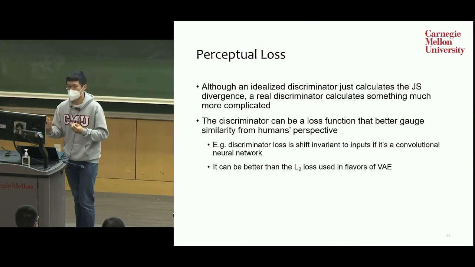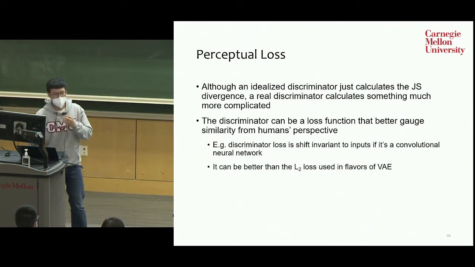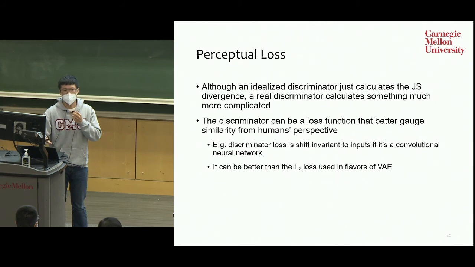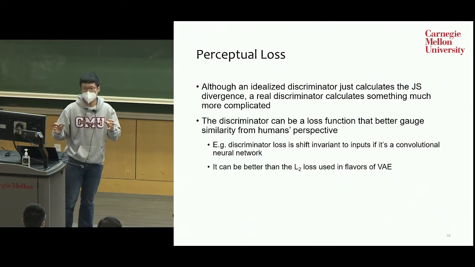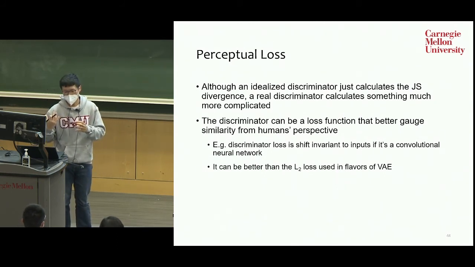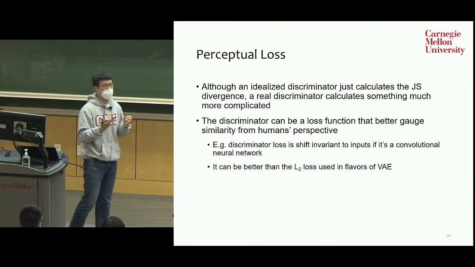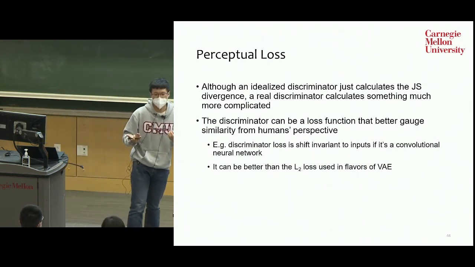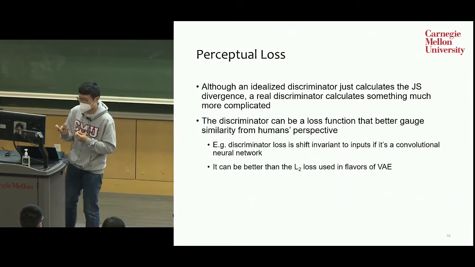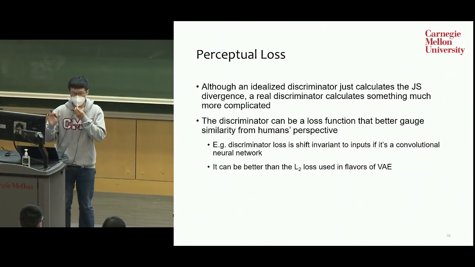So this is not just a simple JSD. And if you look at VAEs, the VAE's reconstruction loss is strictly a pixel-wise loss function. It can be a mean squared error or L2 loss, or it can be a binary cross-entropy loss, depending on the exact formulation. However, the loss function is more primitive in VAE.